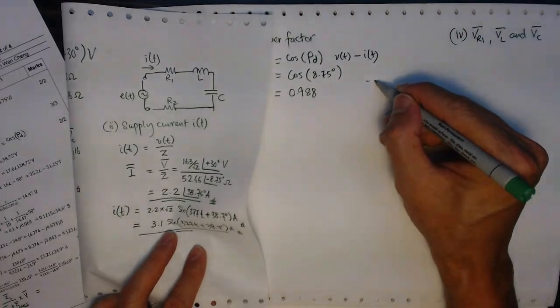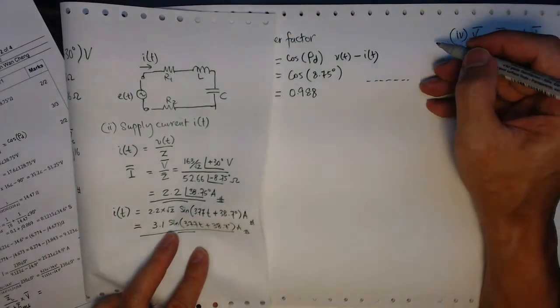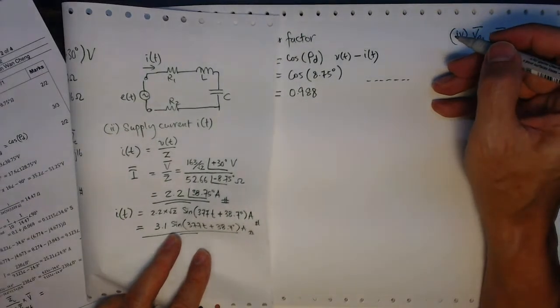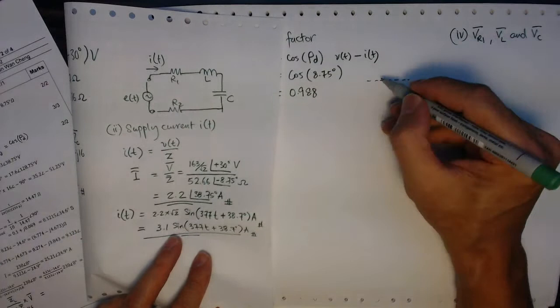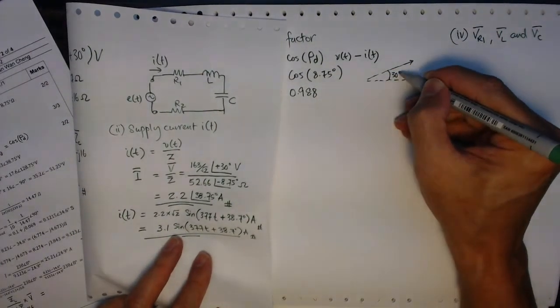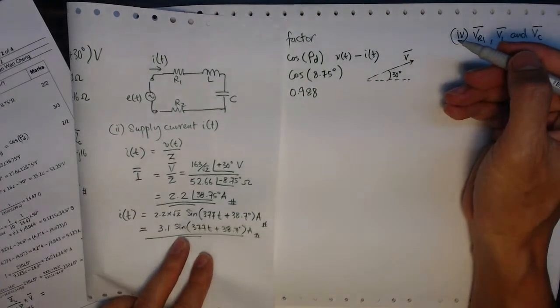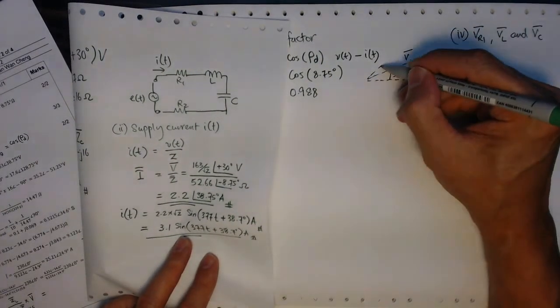Now, is it leading or lagging? How do we determine? The same thing. This is the horizontal line. The voltage is at 30 degrees leading. So that's 30 degrees like that. So that's the voltage. But my current is 38.7, which is even higher, faster.